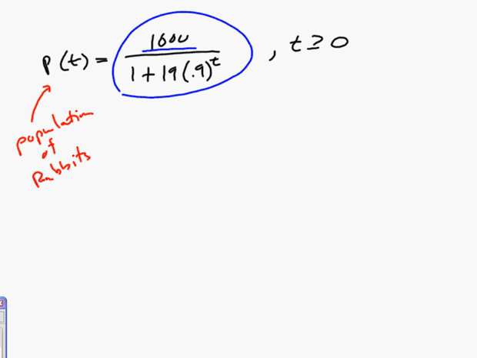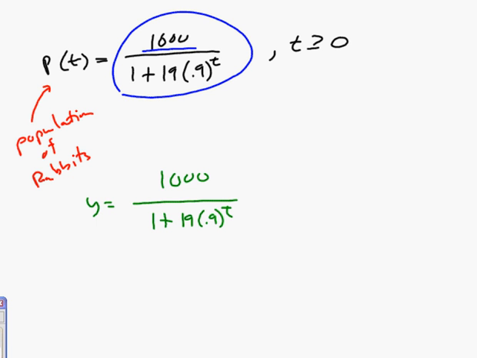So a different question might be, okay, what's the smallest y value I can get back? Okay, so let's think about that. Let's look at the fraction 1,000 over 1 plus 19 times 0.9 to the t. If we're looking for the smallest y value, then what we should ask ourselves is, what do we know about fractions if we want them to be small?